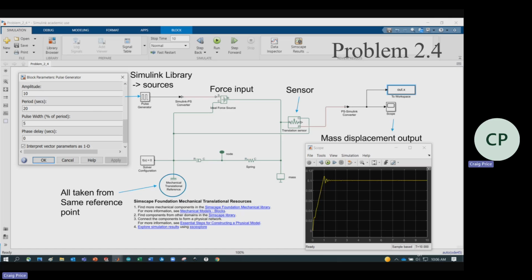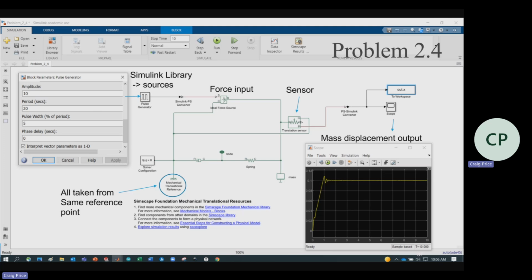The last thing I want to talk about is the converters here. Everything in green is part of Simscape. Simscape is nestled inside of Simulink. If I want to use the scope, which is part of Simulink, I have to convert it from the Simscape area using the converter, and then it can give me a readout right here.